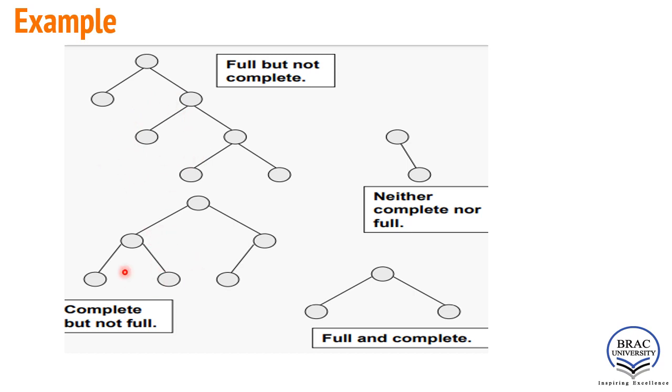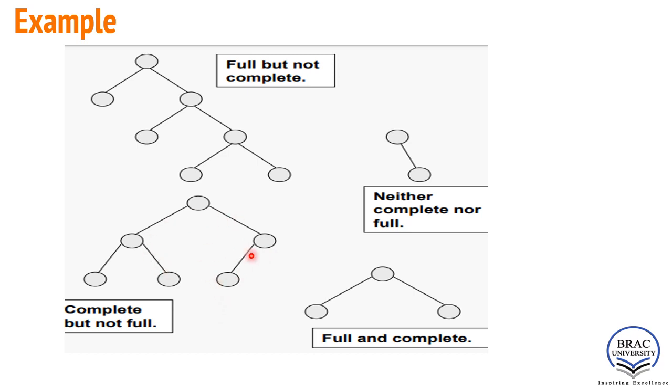For example, in this tree, this is level 1, level 2, level 3. So this is a tree having 3 levels. This tree is not a full tree. The root has 2 children, this one has 2 children, but this node has only one child.